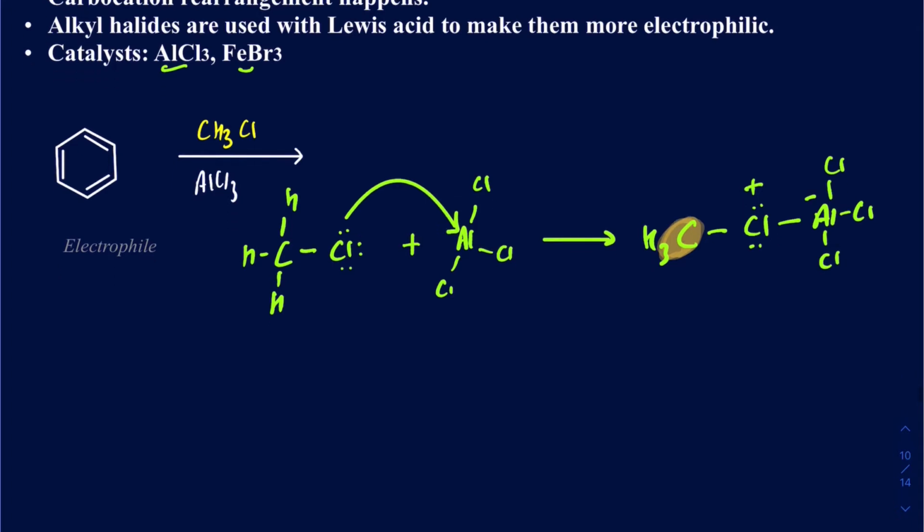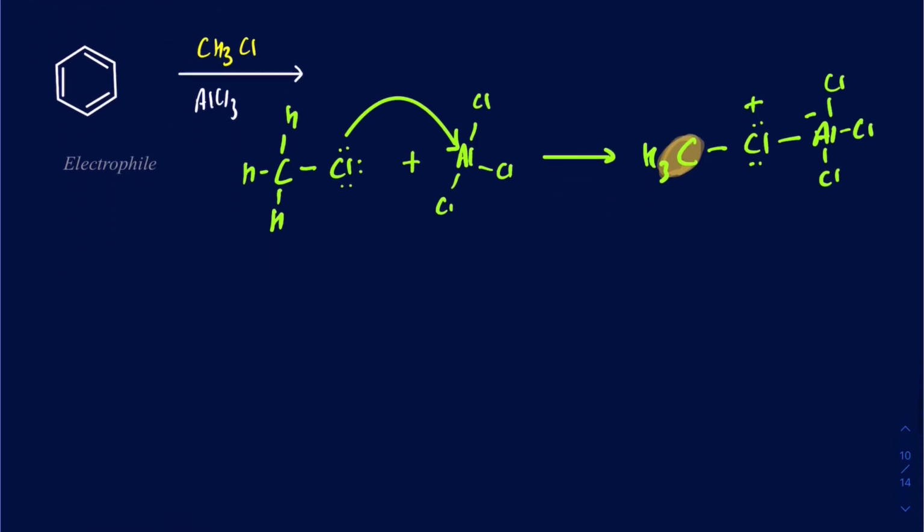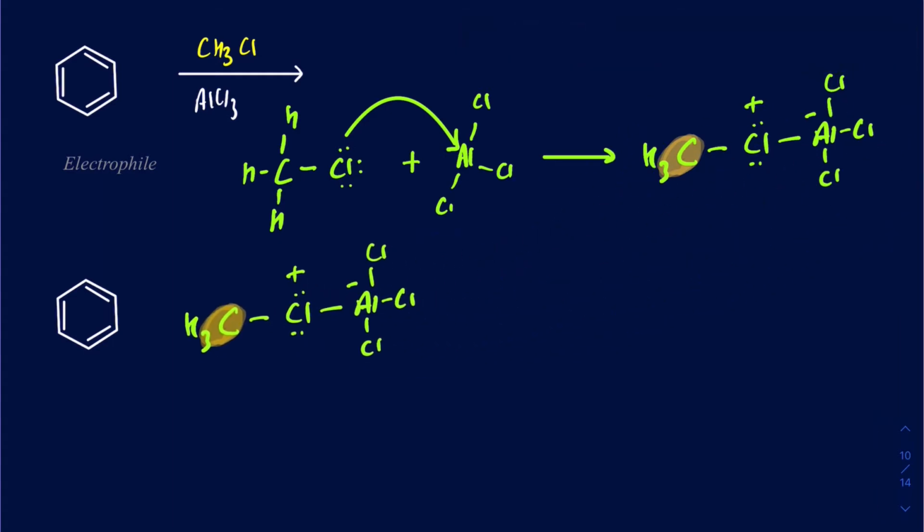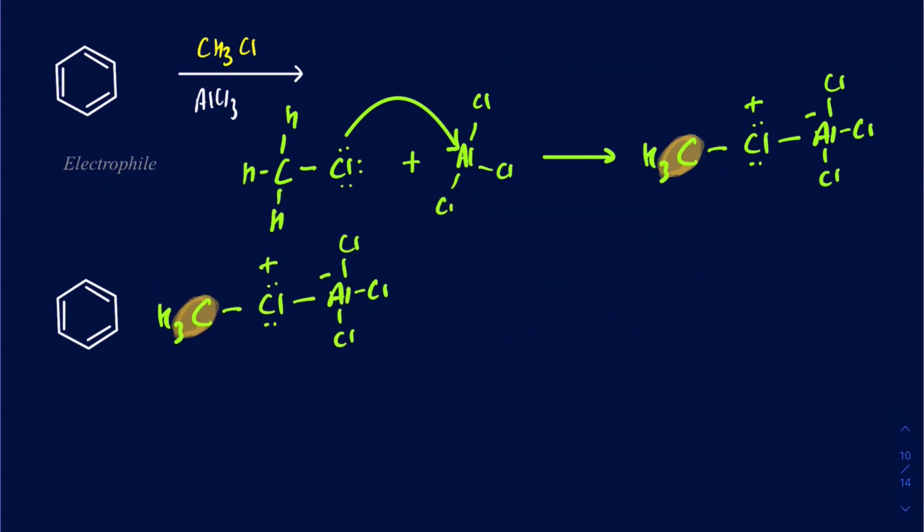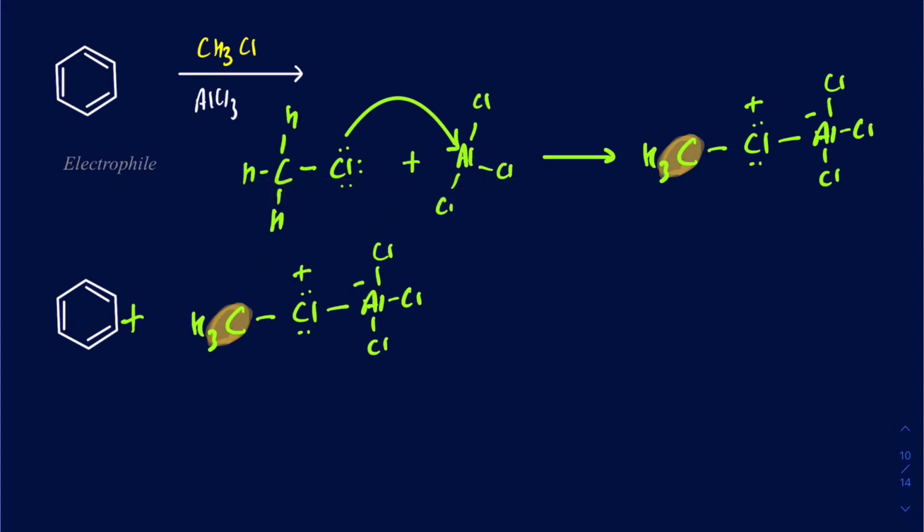The next step is to take this benzene and the electrophile we've created. I don't want to break this bond, because if I do, I will get a positive charge on this carbon, making it a primary or even methyl carbocation, and that's going to be very unstable. So you don't want to do that.